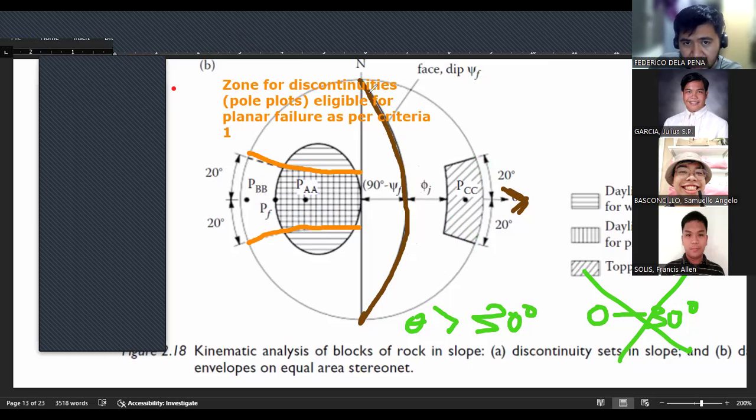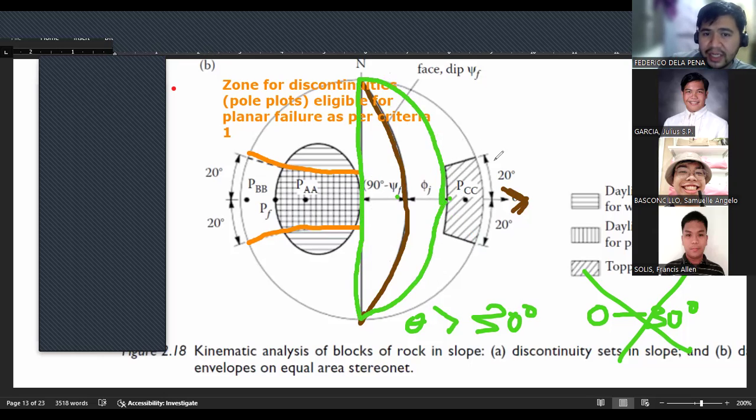So this is 30 degrees. All the discontinuity dip angles that are greater than 30 degrees would be your zone for criteria 2.